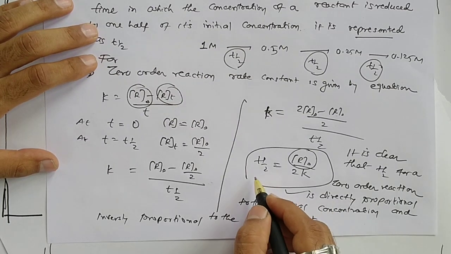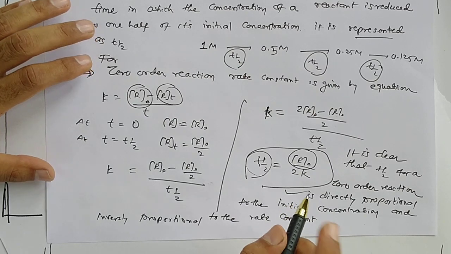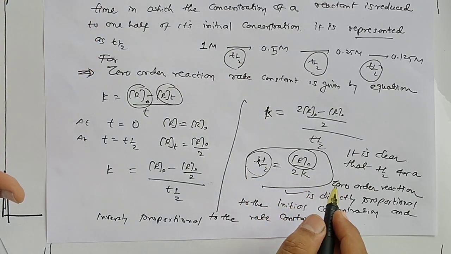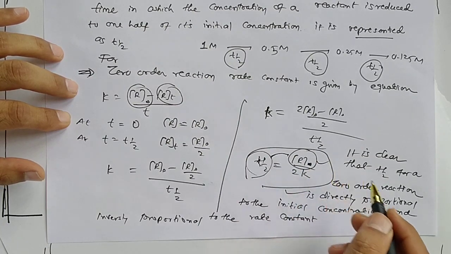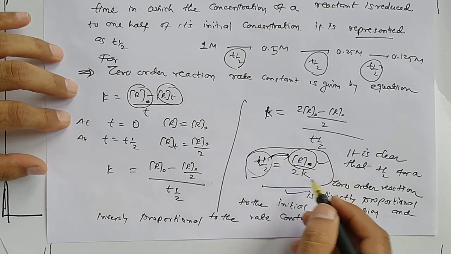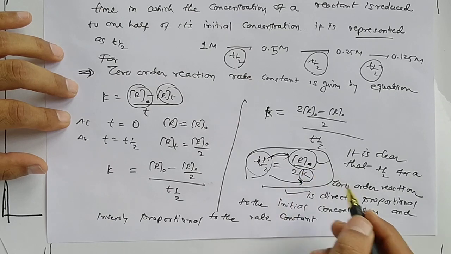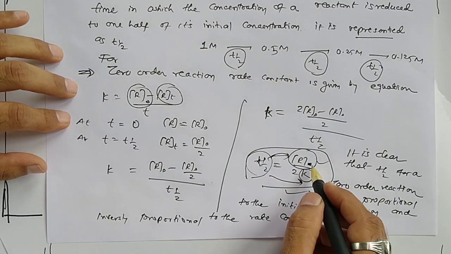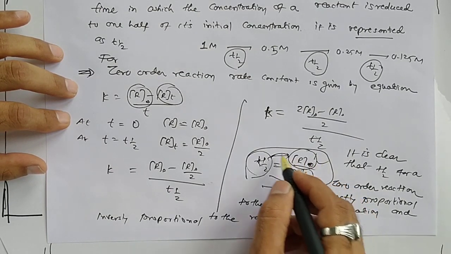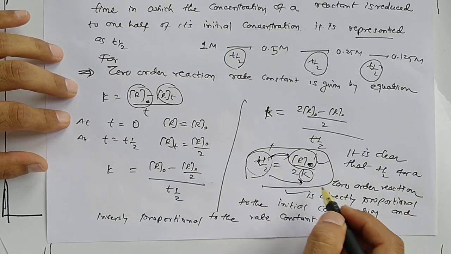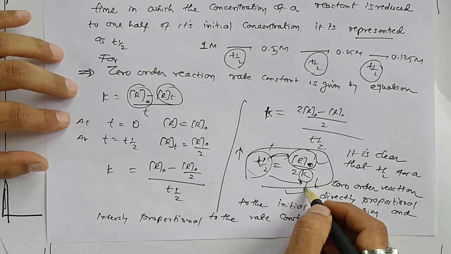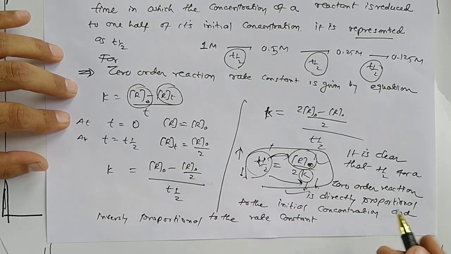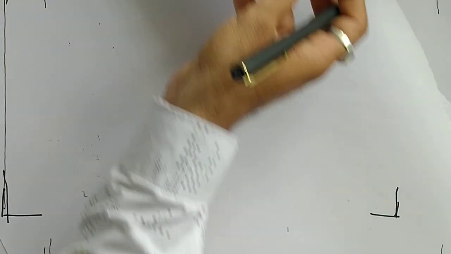You can see for a zero order reaction the half-life is directly proportional to R0, the initial concentration, and inversely to the rate constant. If R0 is high, then T1/2 will be high. K is low, T1/2 will be high. K is high, T1/2 will be low. Understood?